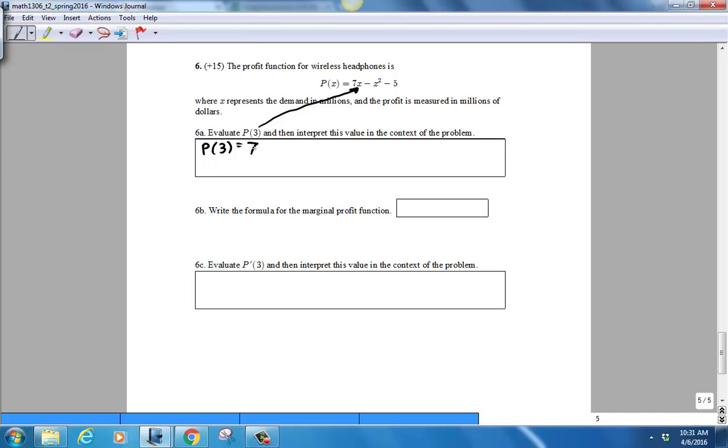So what that tells us, of course, is when the demand is 3 million, or in other words, when 3 million of these headphones are sold, then what's the case? I'm asking you all, what's the case there? That's right. The profit is 7 million, exactly.